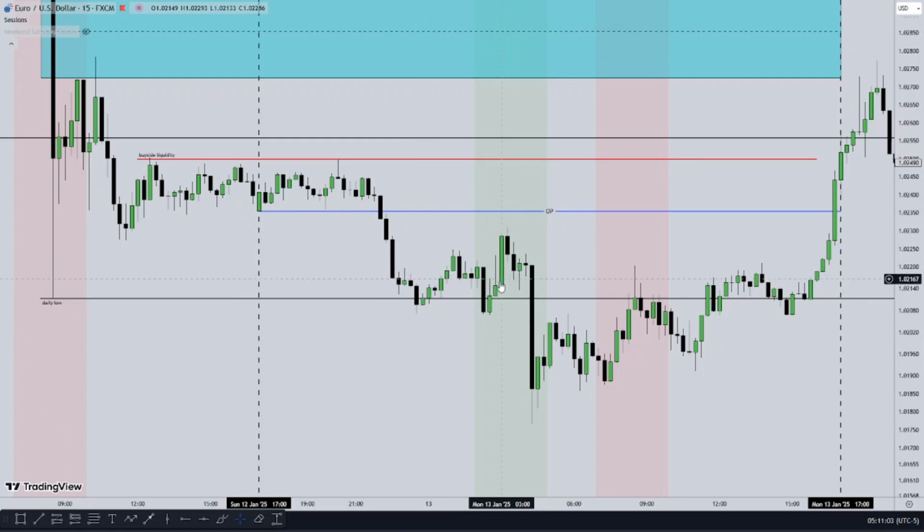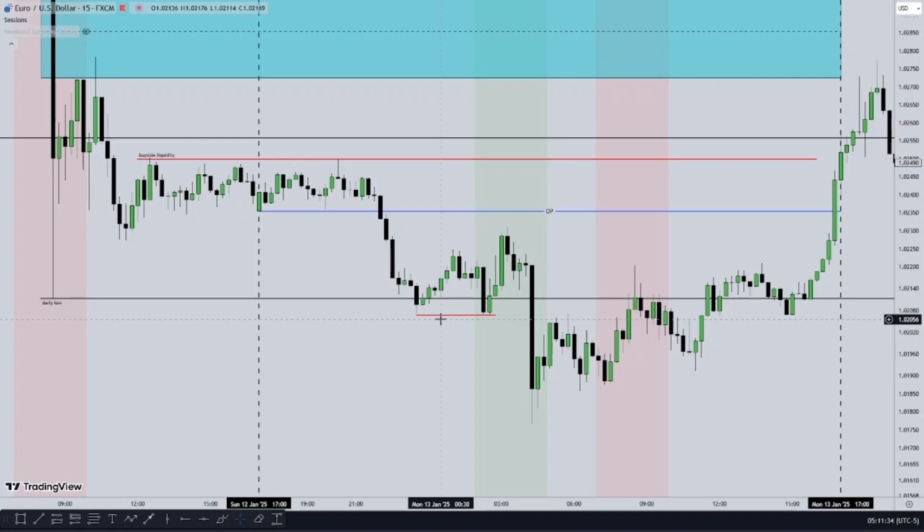Since there's no fair value gap to support price, now you can see how adding the session validates this setup, telling you to avoid the first setup and not to take advantage of the second shift in market structure, to look at it as a shift in market structure. Price did the retracement, ran out the sell side liquidity because now it's like an equal low liquidity, an equal low liquidity below price.